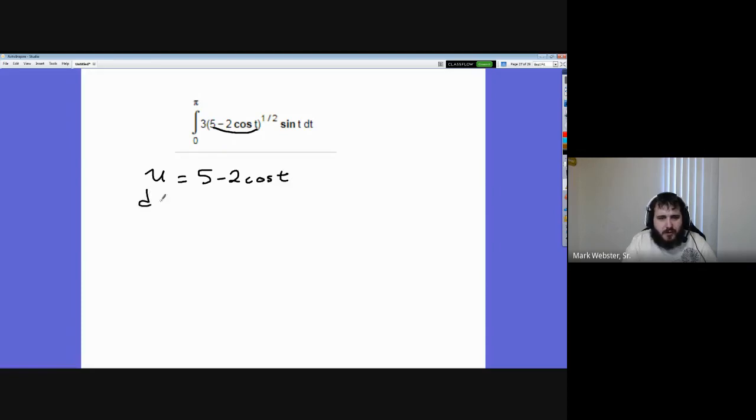Well, so that means our du is 2 sine t, right? Because the derivative of cosine is negative sine. It's going to cancel out with that negative sign. dt. Well, hey, sine t dt, sine t dt. The only thing I'm missing here is that 2.